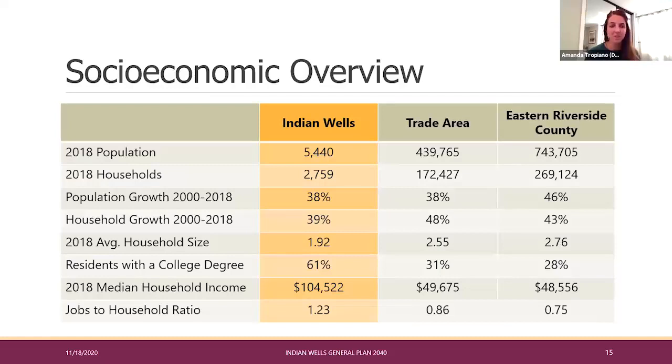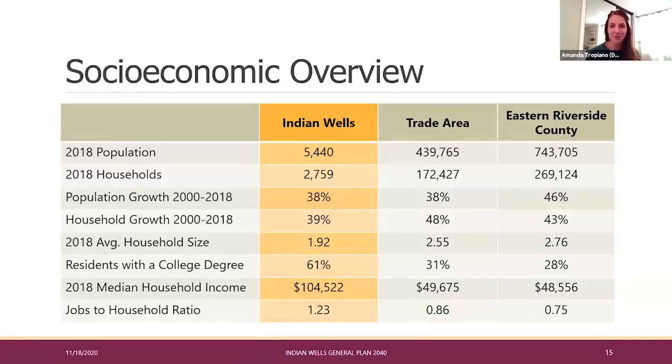From 2000 to 2018, your population growth and household growth grew at approximately the same rate, around 38 or 39%. This is a little bit lower than the development seen in the trade area and in Eastern Riverside County. And that would be expected because those broader areas have more opportunities for growth and development than a community like Indian Wells has.